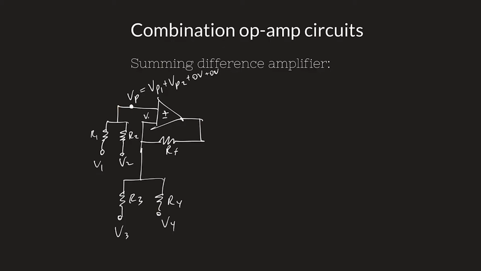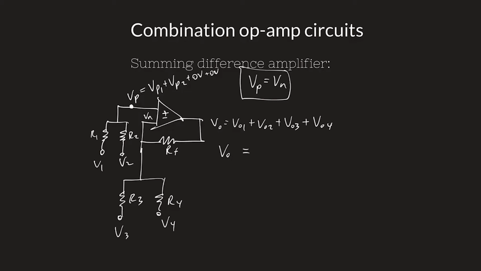Then we have VN here. Remember, VP always equals VN for negative feedback. V out is V out due to 1 plus V out due to 2 plus V out due to 3 plus V out due to 4.